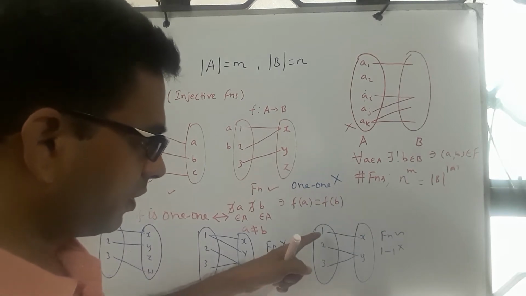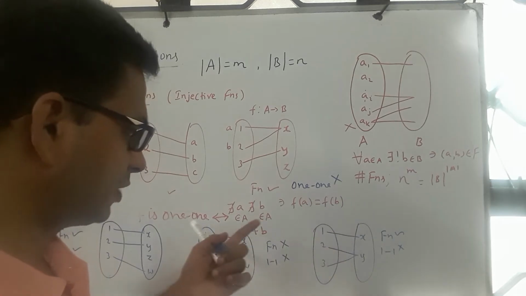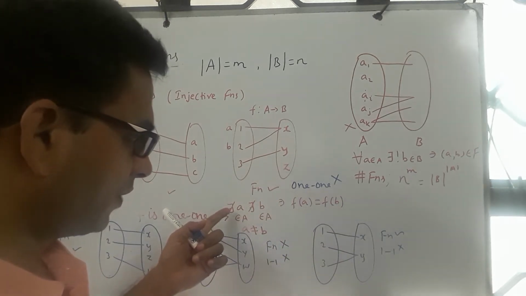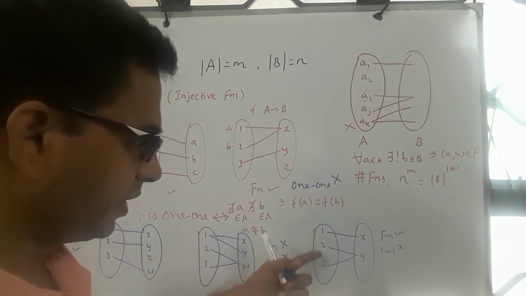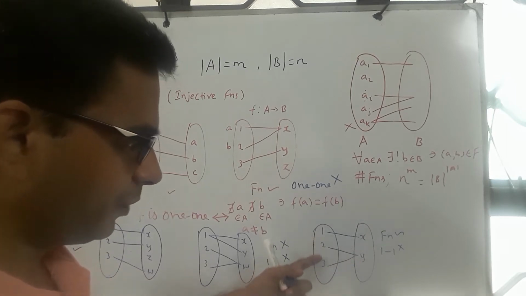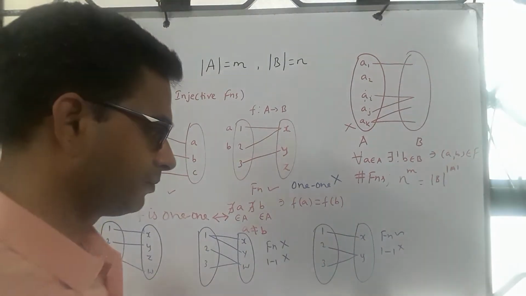See, two different elements should have two different images. That's what ideally it says, right? If you forbid this, which means there does not exist A, there does not exist B, such that their images are same, which means if you look at any two elements, their images have to be different.